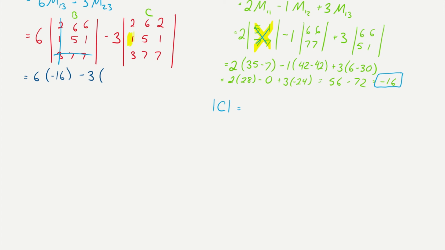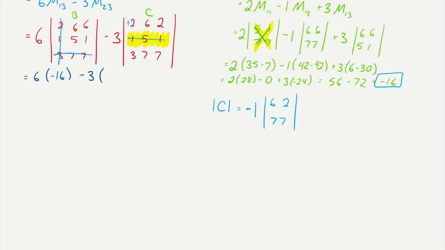This time let's use a row. I'll choose 1, 5, 1, the second row, just because it has some ones, so maybe that will make it a little bit easier. All right, so we're going to go 1, but should I change the sign? Well, it's positive, negative. Yep, so this is going to be -1 times the determinant of the leftover matrix, 6, 2, 7, 7.